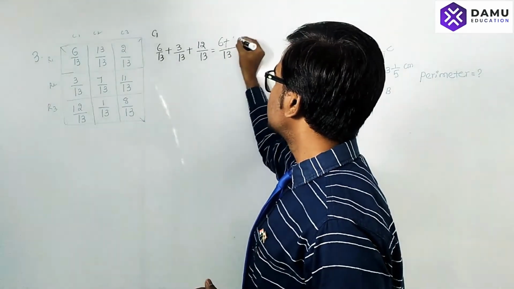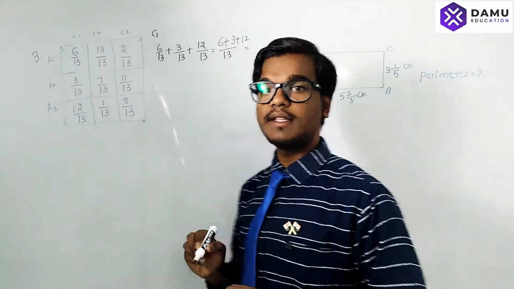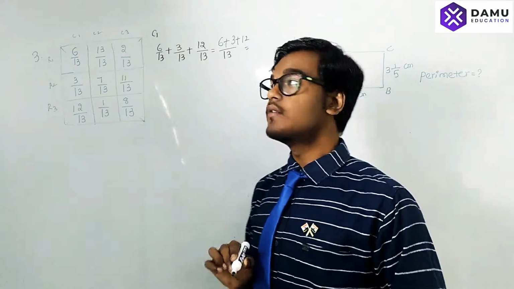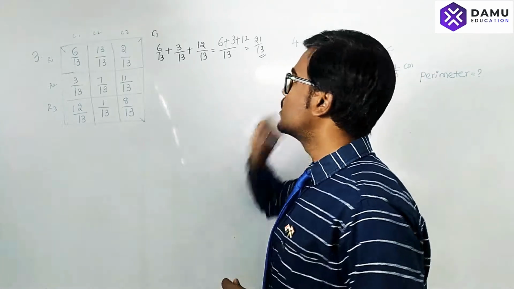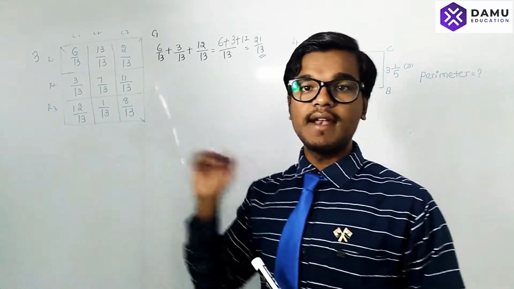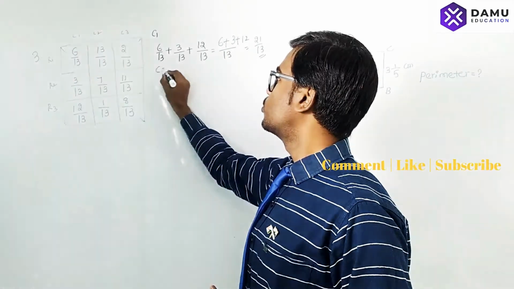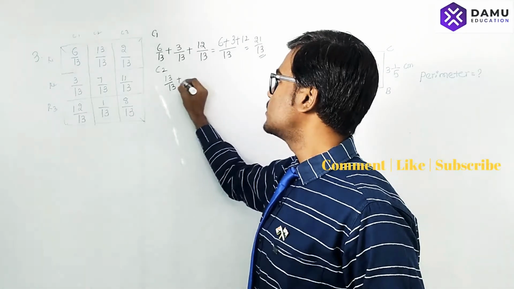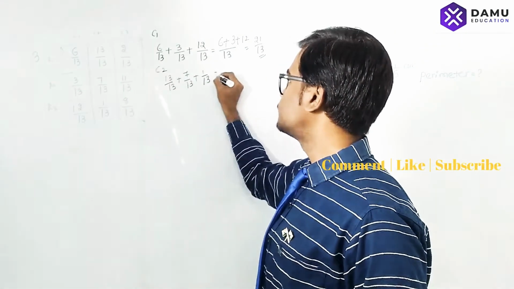6 plus 3 plus 12: 6 plus 12 is 18... 6 plus 12 plus 3 will be 21. So the sum of the column 1 values is 21 by 13. Next, column 2 values are 13 by 13 plus 7 by 13 plus 1 by 13.